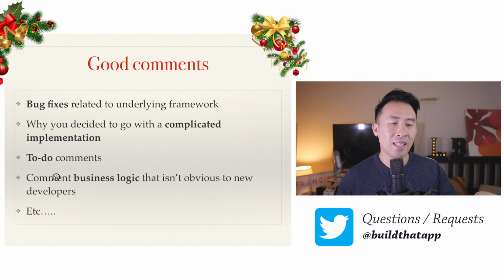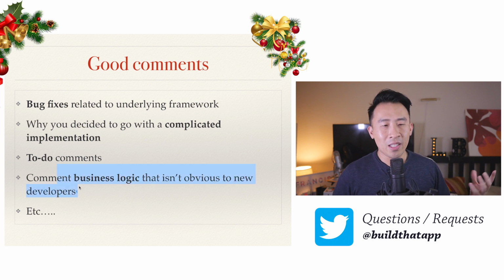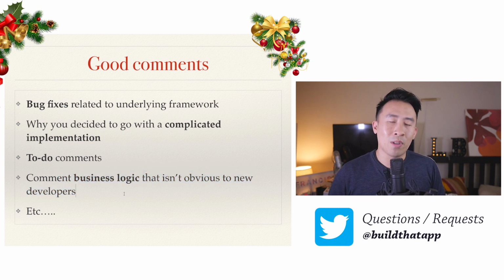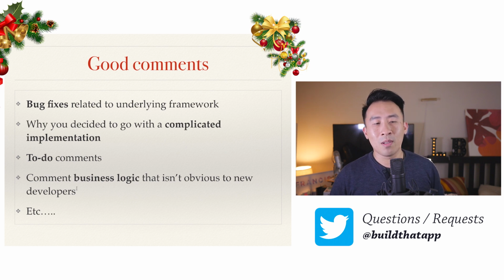And then the last thing that I have on this list is that you want to comment on business logic that isn't obvious to new developers. So let's say you're working on a stock market application and developers don't typically understand how the stock market works. Any feature that you're working on that's kind of complicated and that's not obvious in terms of how the stock market actually operates, then you should leave a comment to give a little bit of an explanation.